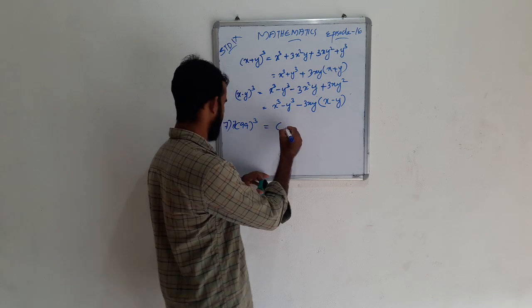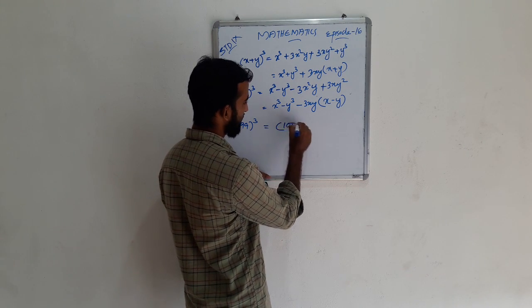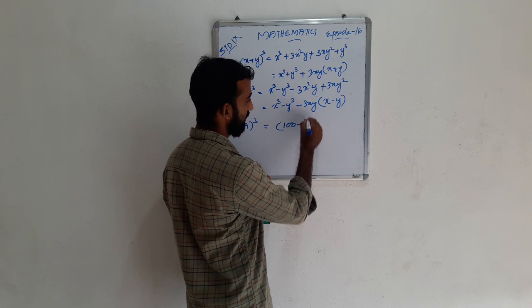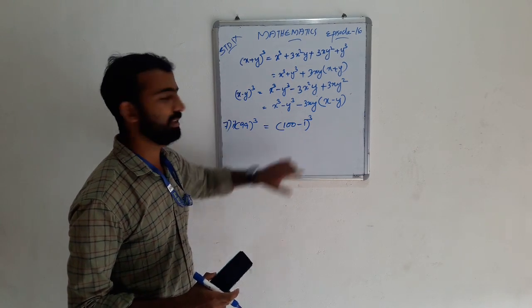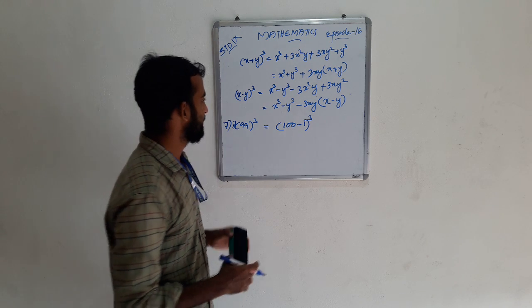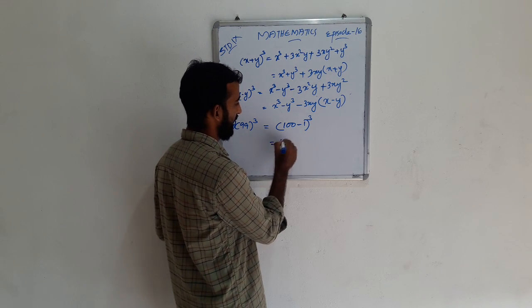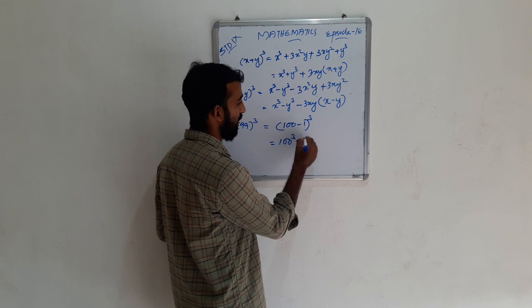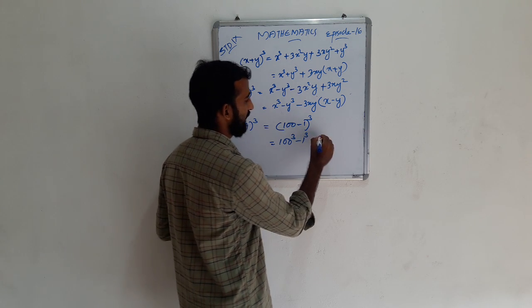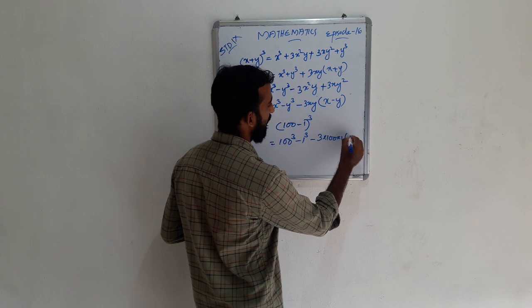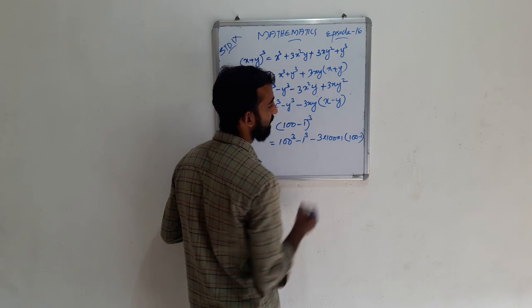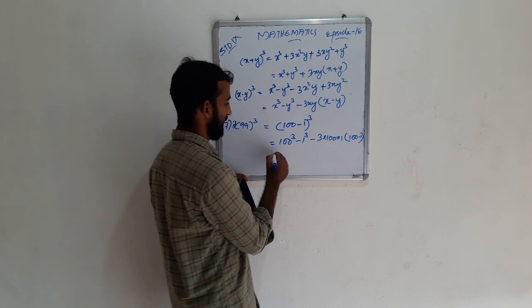Here we can write 99 as (100 - 1) the whole cube. We can write 100 cube minus 1 cube minus 3 into 100 into 1 into (100 - 1).